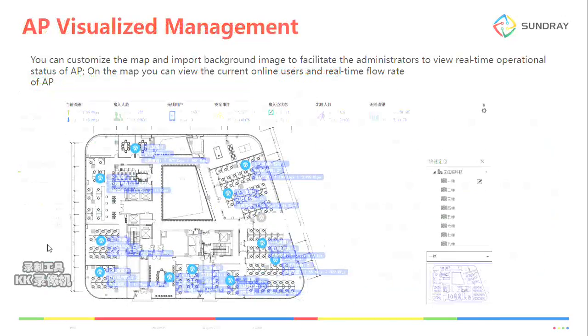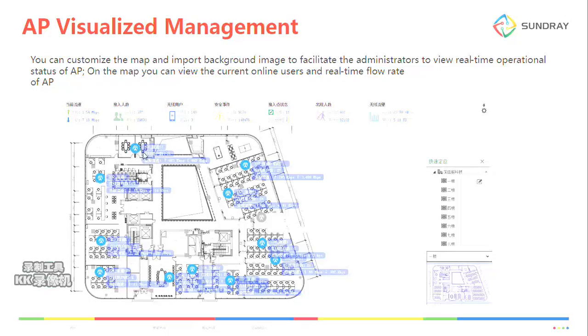And the last one here is visualized management. When we deploy the access points in the network, we can easily drag the access point onto the floor plan. We can upload the floor plan into the controller. For example, here we have deployed one access point.